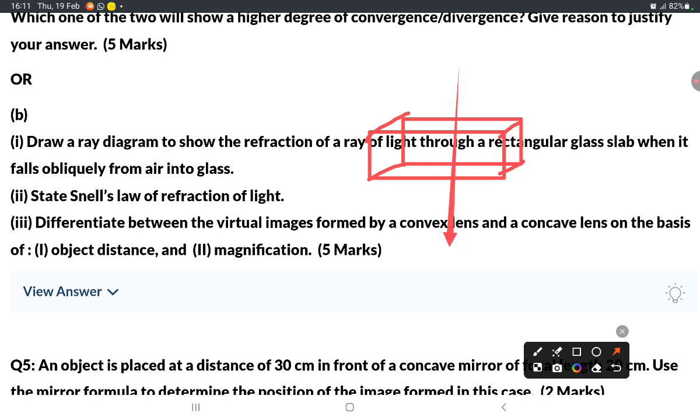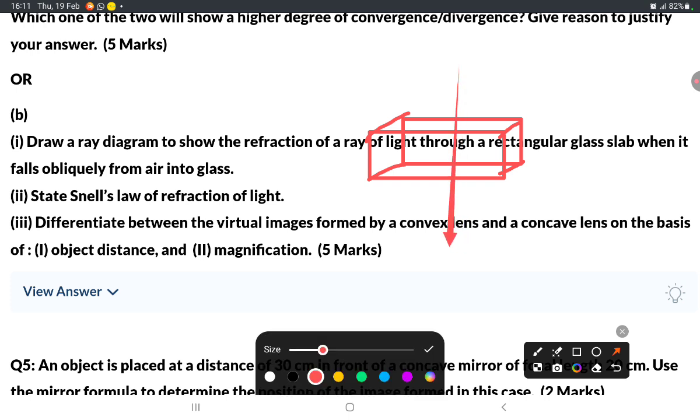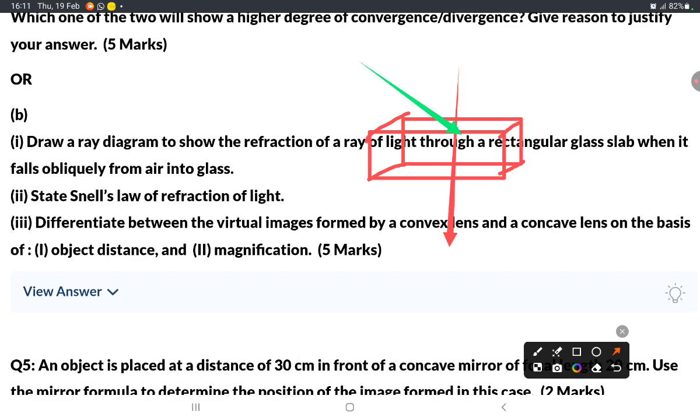So here I form one oblique ray from here when it enters. Obliquely means it makes some angle here, right? So these types of rays are oblique rays.